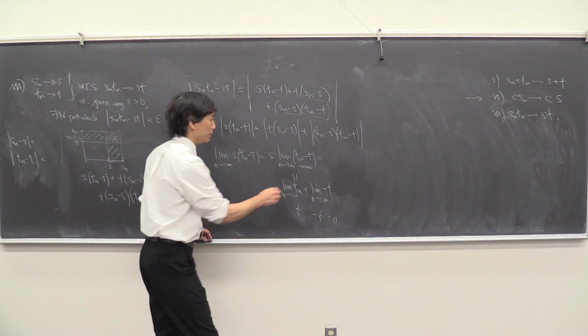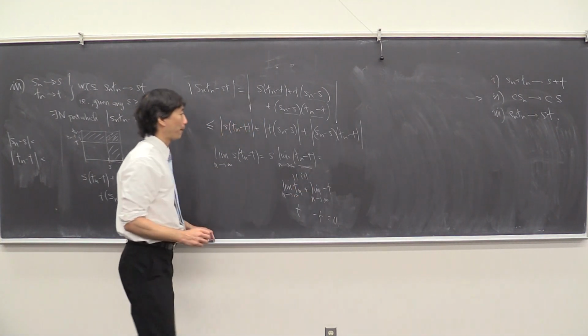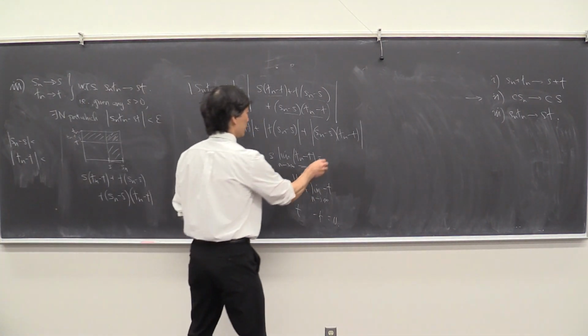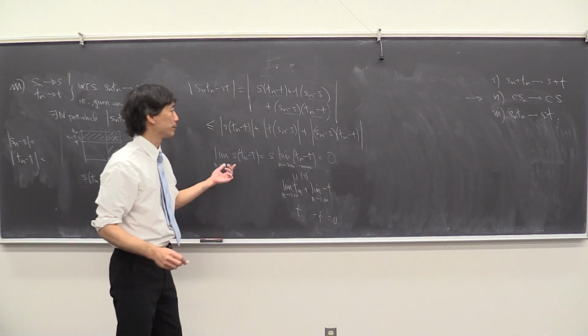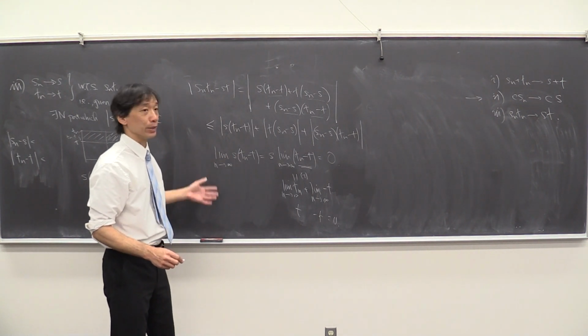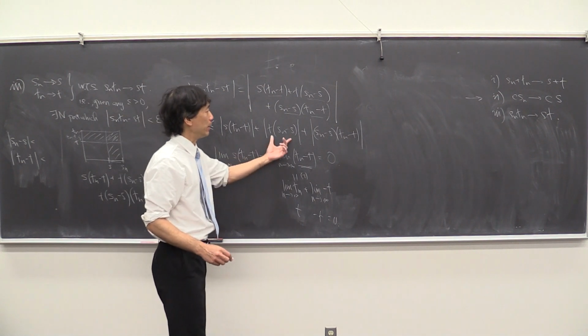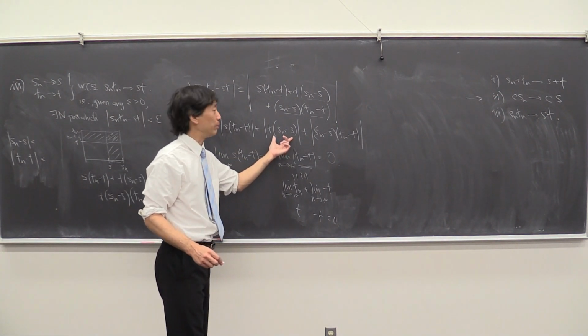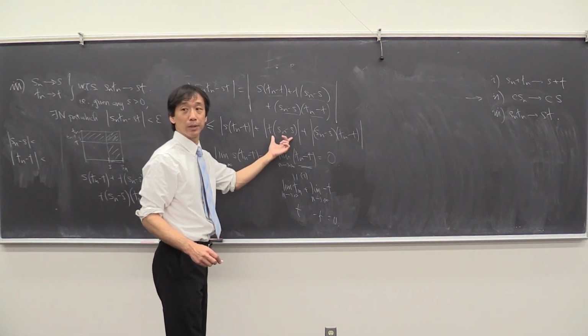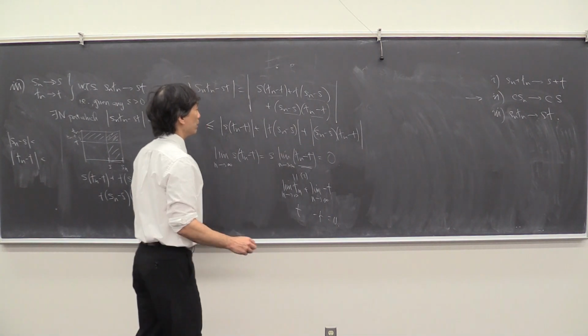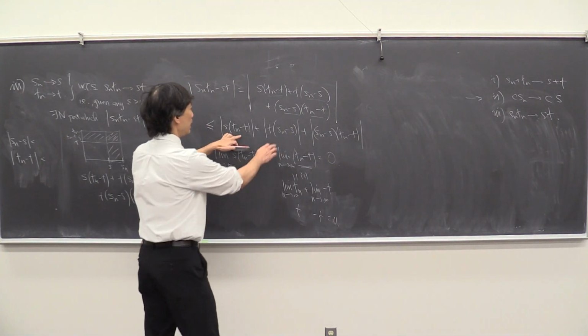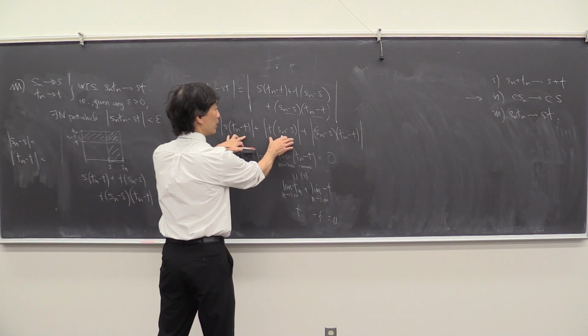So by part 1 and part 2, that limit is going to be 0. The limit of this thing is also going to be 0 for the same reasons. So these things are both going to go to 0.